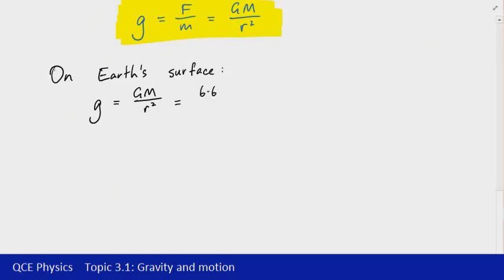So that's going to be the universal gravitational constant, 6.67 by 10 to the negative 11, multiplied by the mass of the Earth, which is 5.97 by 10 to the 24, and we're going to divide that by the radius of the Earth. So using the radius of the Earth because we're dealing with things that are positioned on the Earth's surface. So that's 6.37 by 10 to the 6 squared. That gives us a value of 9.81.